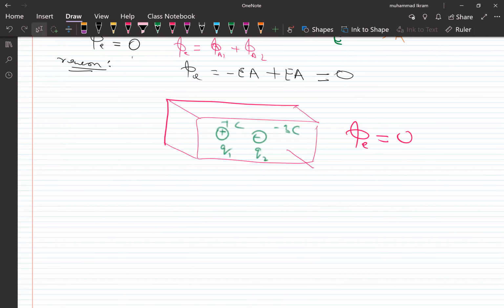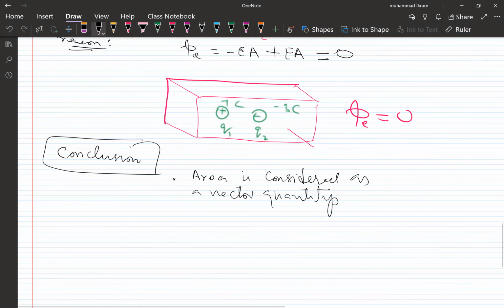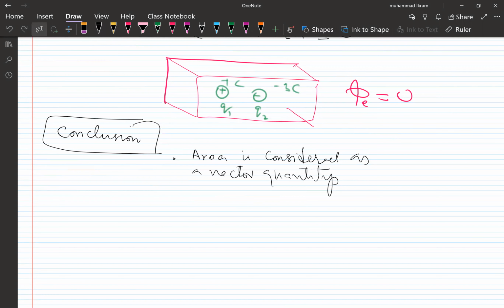So that is our today topic. What is the conclusion of the result? The conclusion of our today lecture is that area is considered as a vector quantity in electrodynamics. Why? Because the up area is different from the down area in direction.